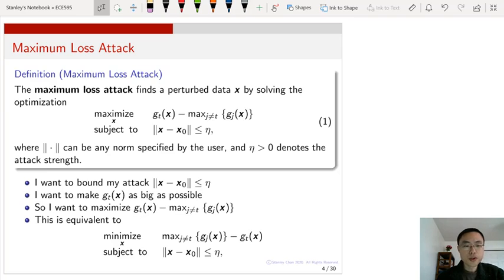Now, if you look at the formulation of the maximum loss attack, you realize that it is also an optimization, very similar to the minimum distance attack that we have seen last time.